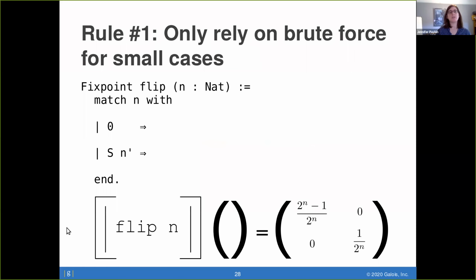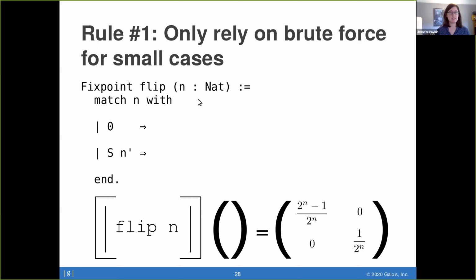So we came up with some rules which worked for QWIRE in order to proceed a little more strategically. For example, rule number 1 is only use brute force, in other words the techniques from the previous slide, for small cases, for small matrices.